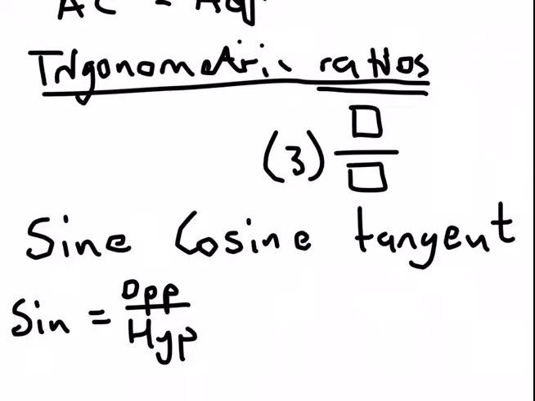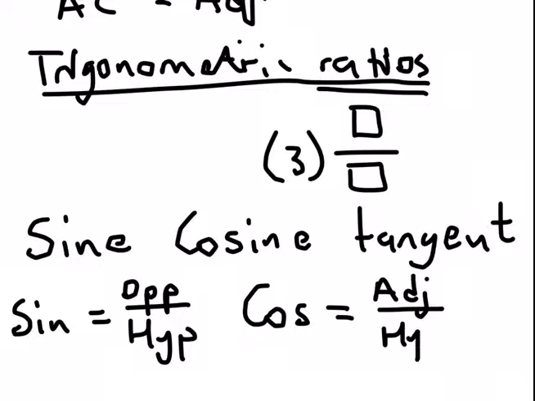And then with regards to the cosine, we will just shorten it and say cos, just like with the sine I said sin or sine. So the ratio for cosine is actually adjacent side over hypotenuse side.